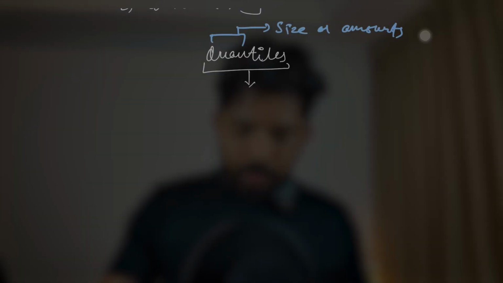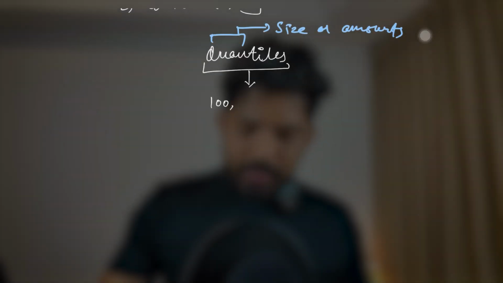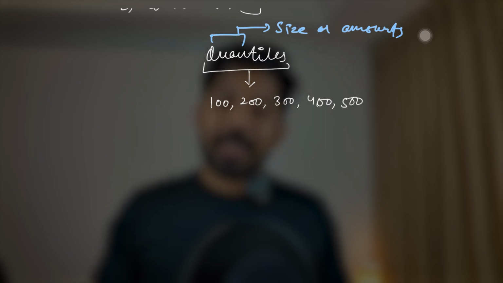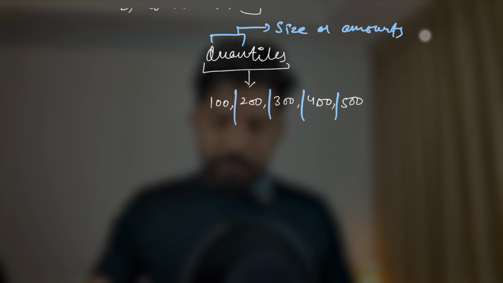For example, you have a data set which contains these numbers 300, 400, 500, correct? Quantile means you can divide this data set into, if you want, 5 parts and each group has an equal number of items, right? In this group also we have 1 item, in this also 1, 1, 1, 1. If you want, you can divide this in, let me add another number here, 600.